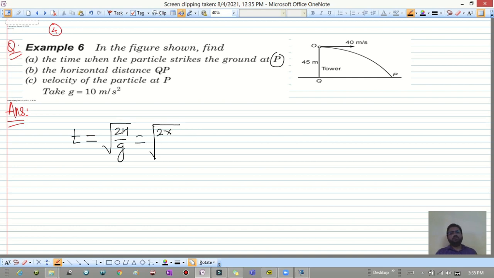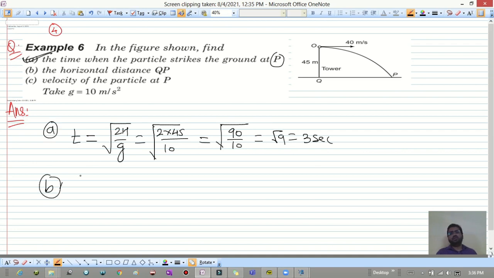So 2 into h we have is 45 divided by g we have is 10. So if you just calculate this, you will get 90 divided by 10, and that is root 9, which is equal to 3 seconds. So for option A, it is 3 seconds.